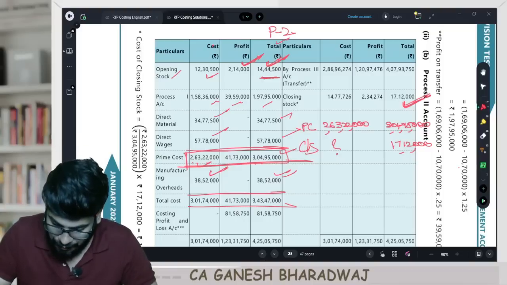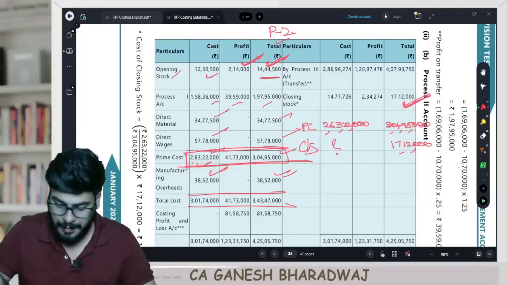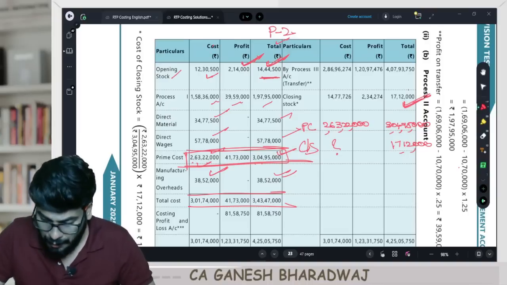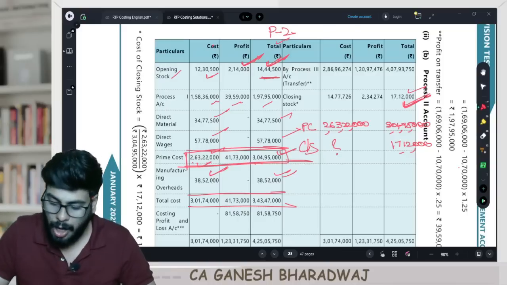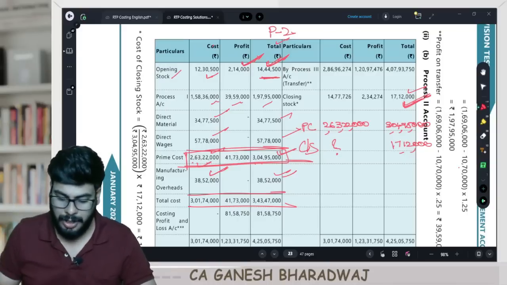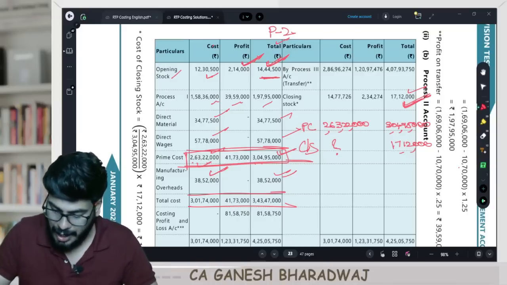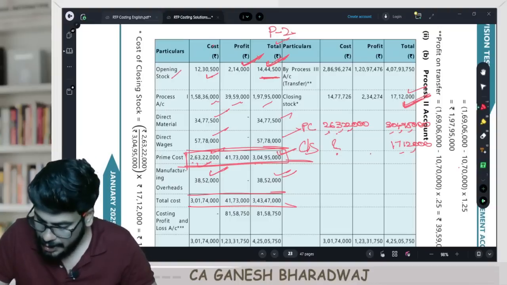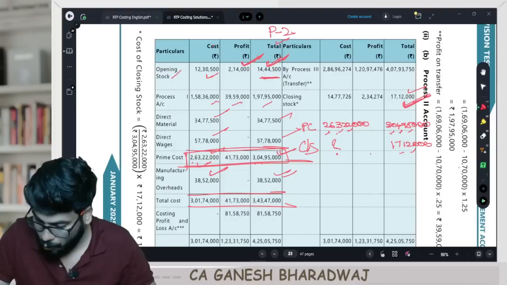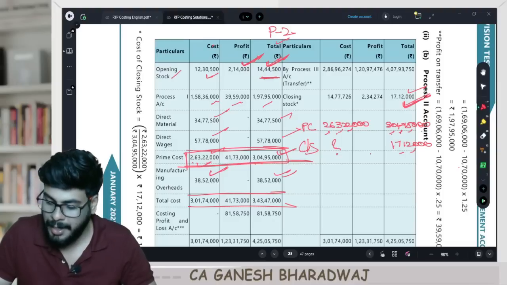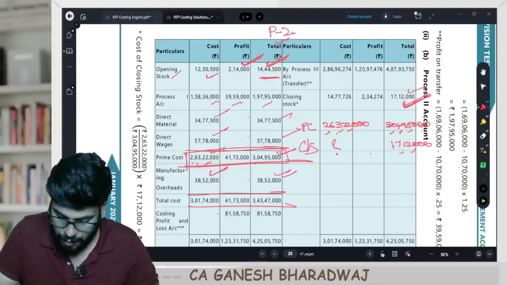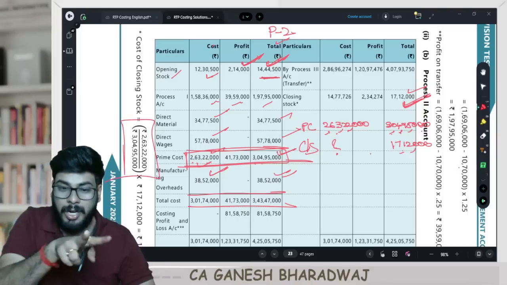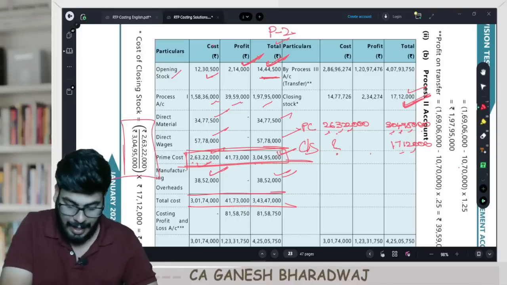So if my cost is 2.63 crores, the total value is 3.04 crores. If my total value of closing stock is 17.12 lakh, how much should be the corresponding cost? So 2 crore 63 lakh 22,000 divided by 3 crore 4 lakh 95,000 multiplied by 17 lakh 12,000. This cross multiplication is what they have done here.